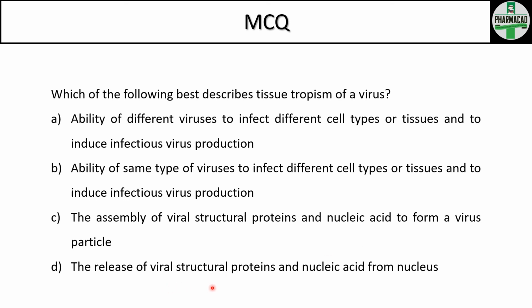D: The release of viral structural proteins and nucleic acids from the nucleus. The answer is A, that is ability of different viruses to infect different cell types. Remember, the same type of virus cannot bind to different cell types because different cells will be having different receptors, and one type of virus can identify one type of receptor present on similar type of cells, which is known as tissue tropism.